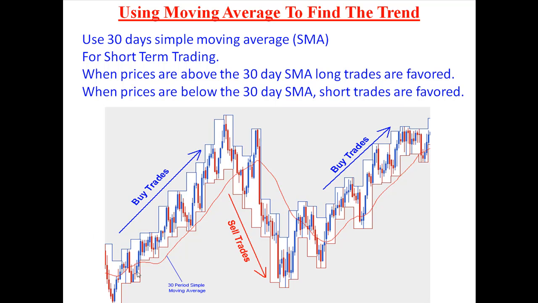Now when you see the market is above the 30 period simple moving average, that means the market is going up. Okay, so these are all the buy signals you are getting here.